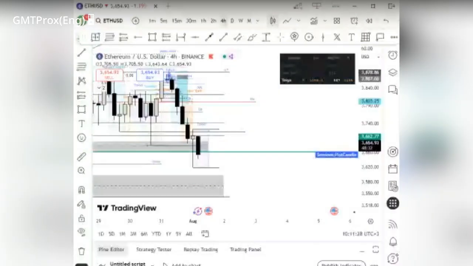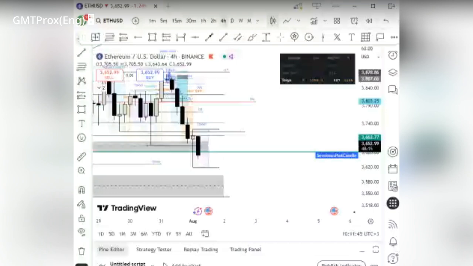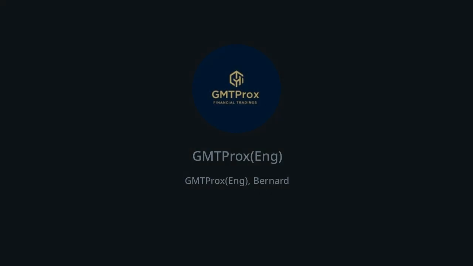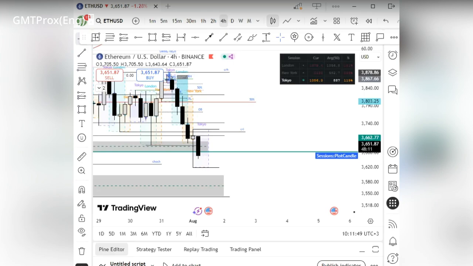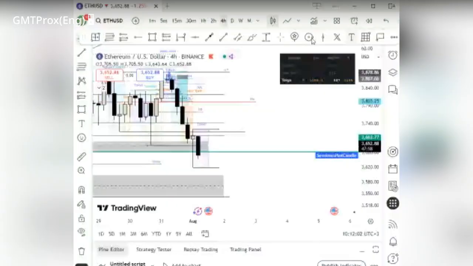You have to add additional SMC or ICT methodologies, particularly the ICT power of three, the power of three candles. So the PO3 model.